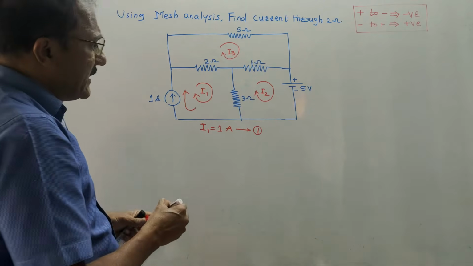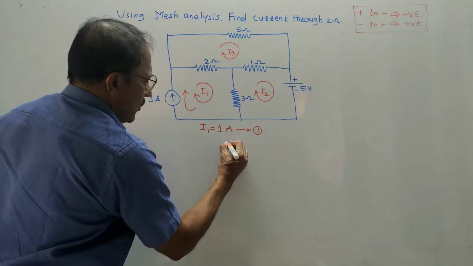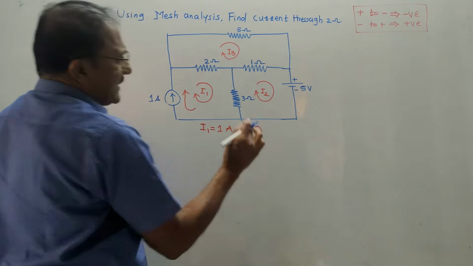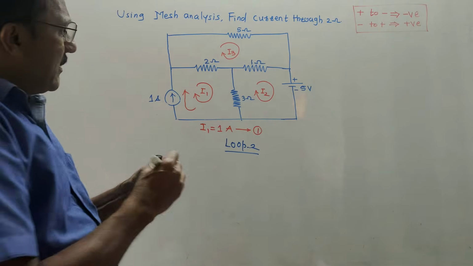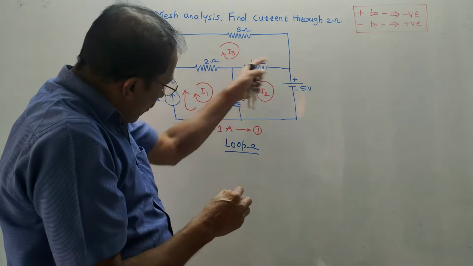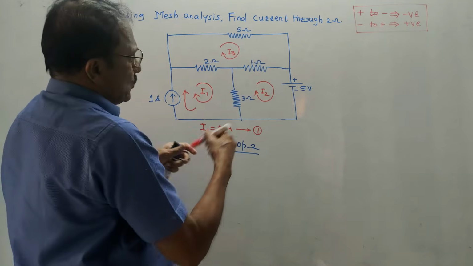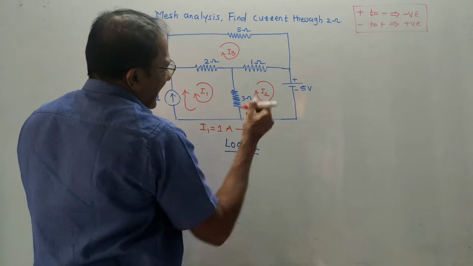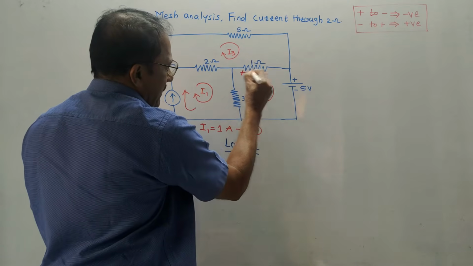Now let us generate the KVL equations for loop 2 first. So I am considering loop 2. While generating the loop equation, first mark the polarities according to the direction of current. So through 1 ohm, the current I2 is moving like this from left to right, so I will mark plus minus.